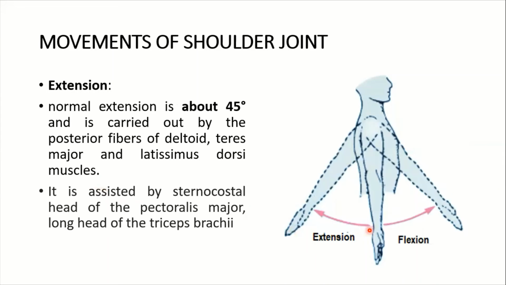This is extension, right? Normal extension is about 45 degrees and is carried out by the posterior fibers of the deltoid, teres major, and latissimus dorsi muscles. It is assisted by the sternocostal head of the pectoralis major and the long head of the triceps.